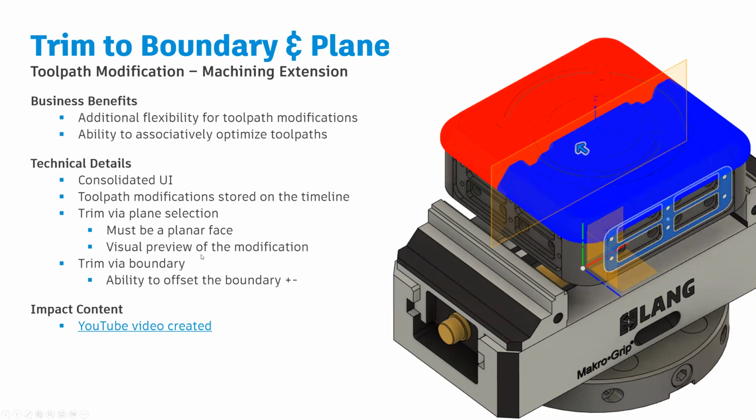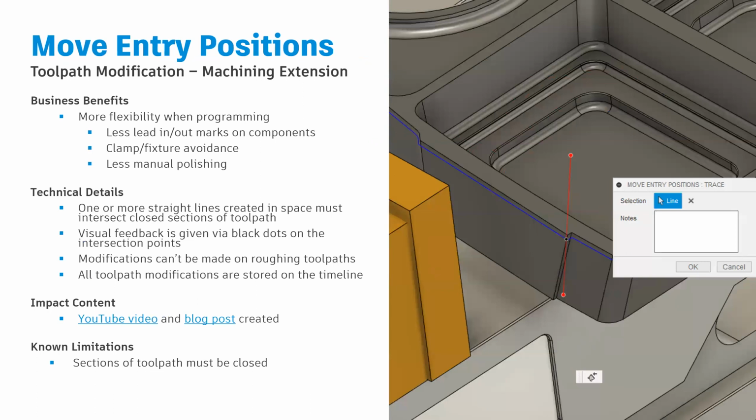And it can be parallel to the face, like wherever you want, a plane or polygon or rectangular, and it is possible to trim along with the boundary. Several options are available. And also it helps you move the leads and links, whenever the toolpath is trimmed, you want to move it toward avoiding the clamp or for manual polishing, that helps you with toolpath extension or deleting of the toolpath.